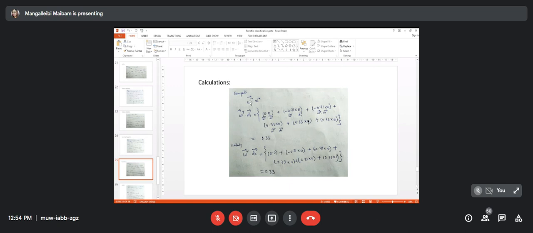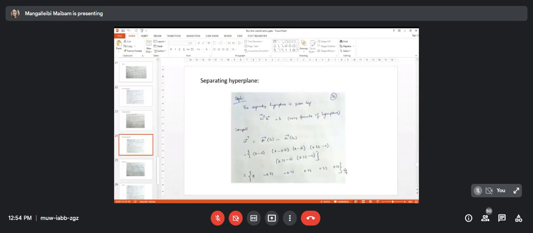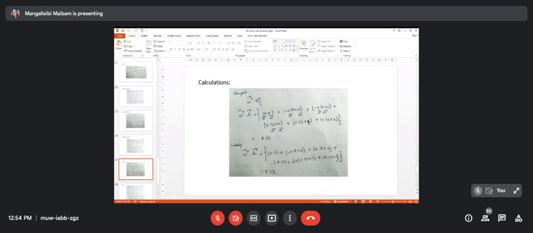Now the calculation, W vector times X vector. X vector is nothing but our document vector. This X will be represented with D1, D2, D3, like this with all the documents up to D4. W transpose we have already calculated here, and D1 we have already calculated in the previous table.